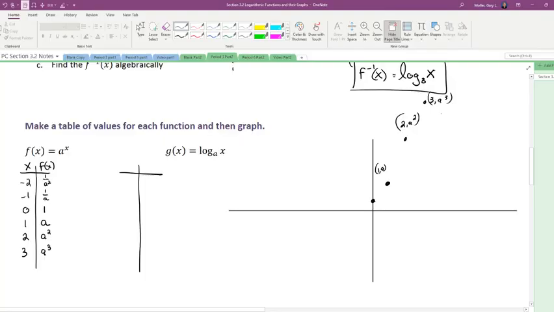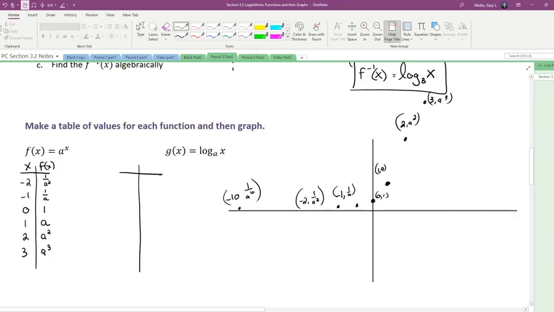Very, very predictable. This point, of course, would be -1 and 1 over a. Then we'd be further over and we'd be at -2, 1 over a squared. Again, very predictable. We could go way over here to -10, and the y value would be 1 over a to the 10th.